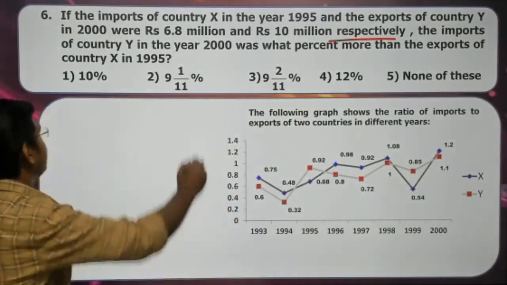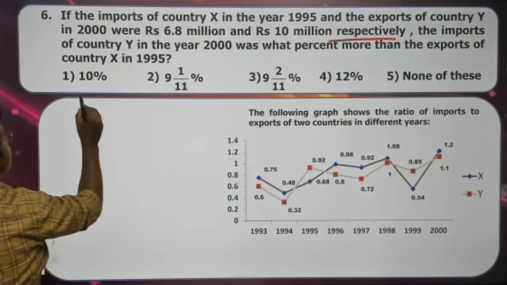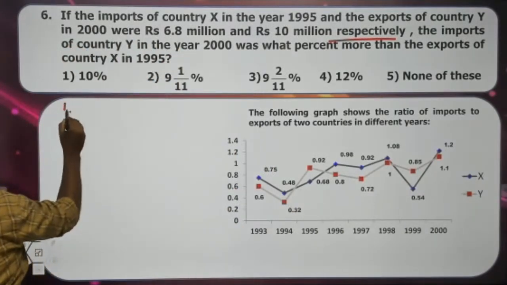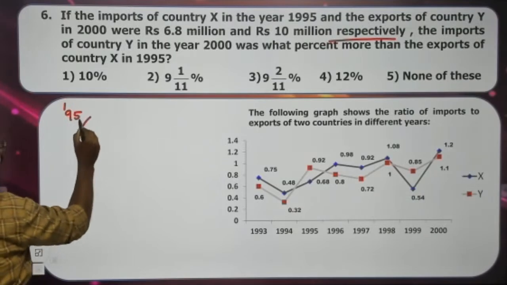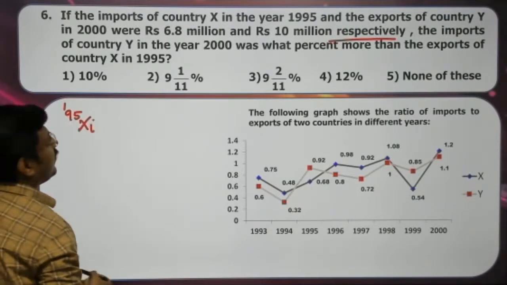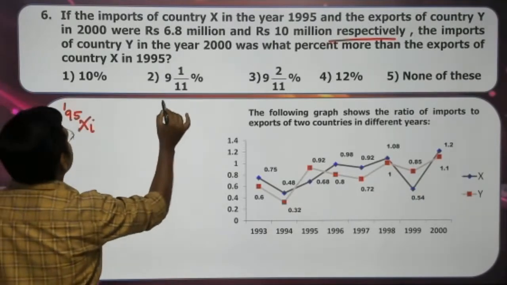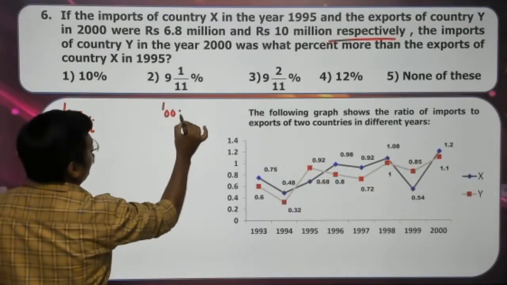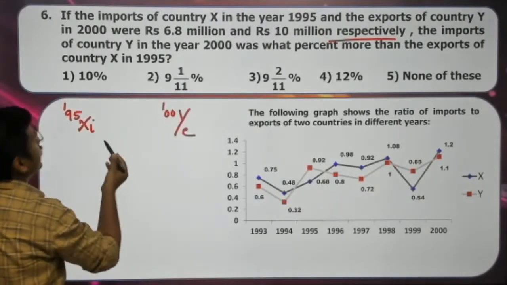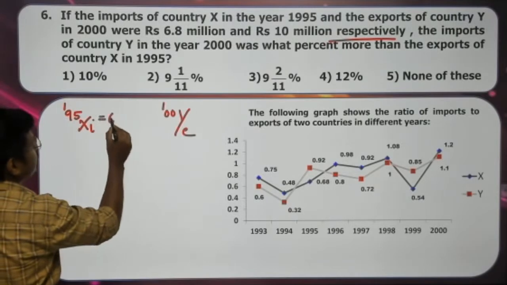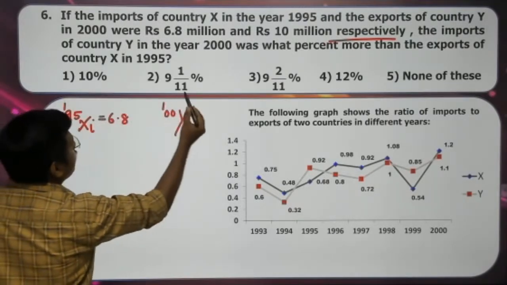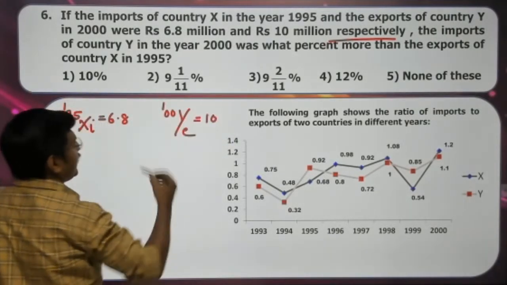Okay, right. Listen, the import of country X in 95, I am noting this, 95 import of country X and export of country Y in 2000. In 2000, country Y export was 6.8. So this is 6.8 and this is 10 respectively, correct?